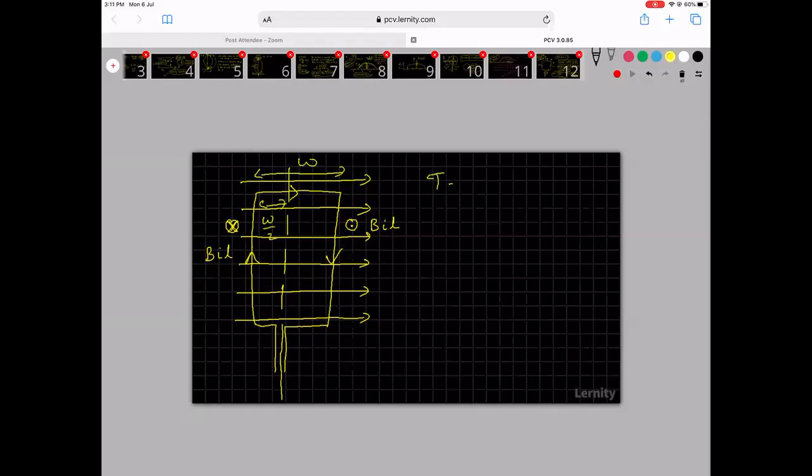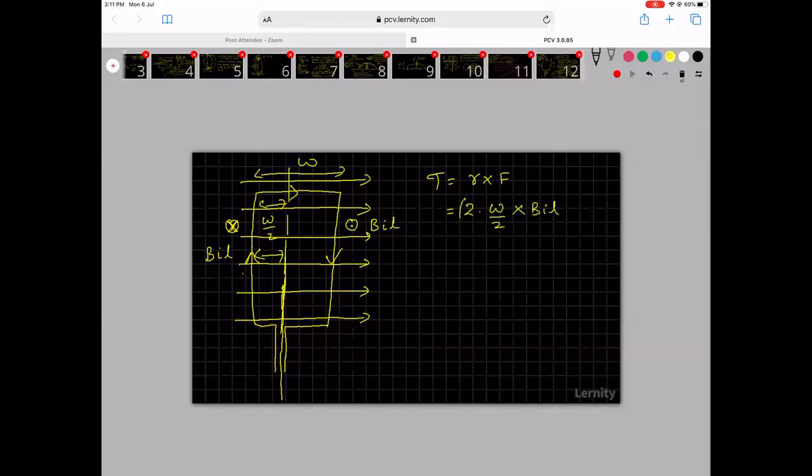Now the definition of torque is equal to R cross F. What is R? Here there are two forces, so 2 into R is this distance. Radius is the distance of the point of application of the force from the axis. So R is W by 2, cross F. F is BIL.